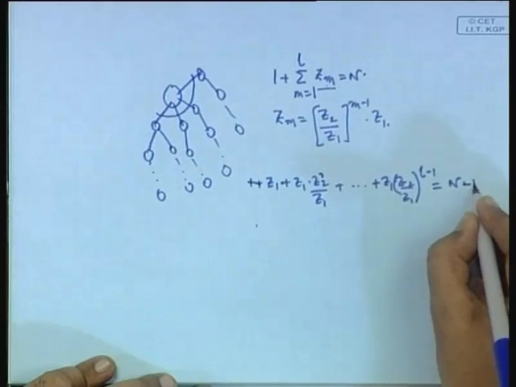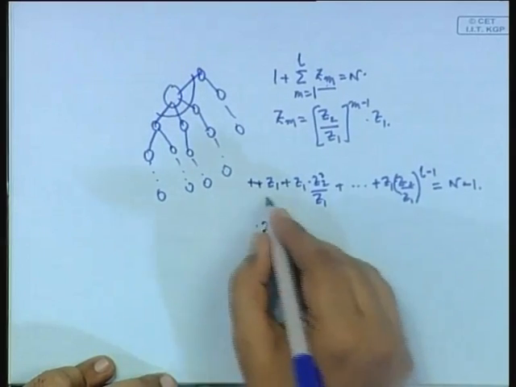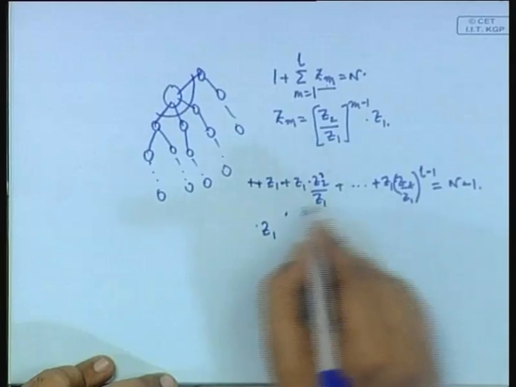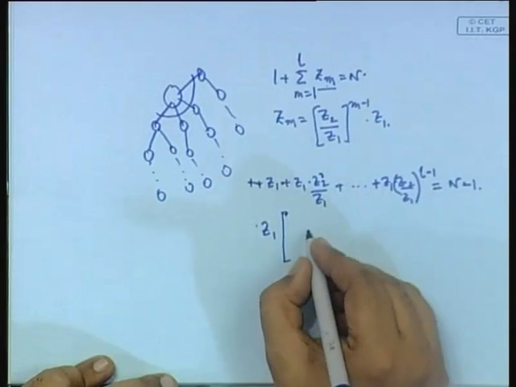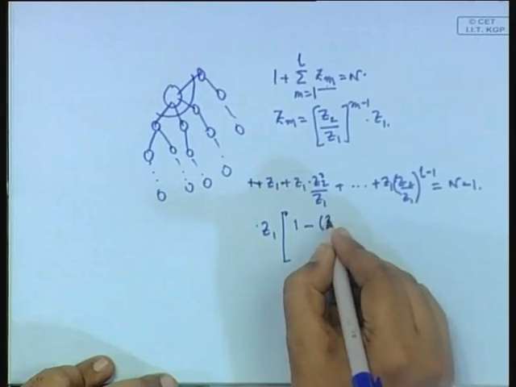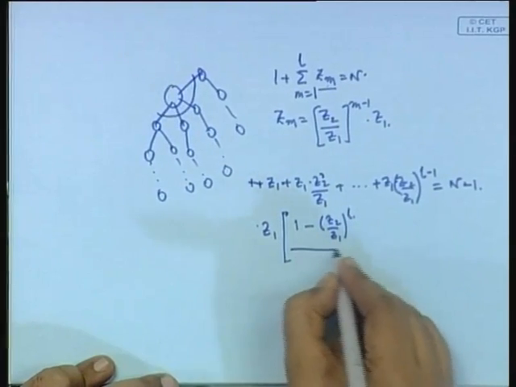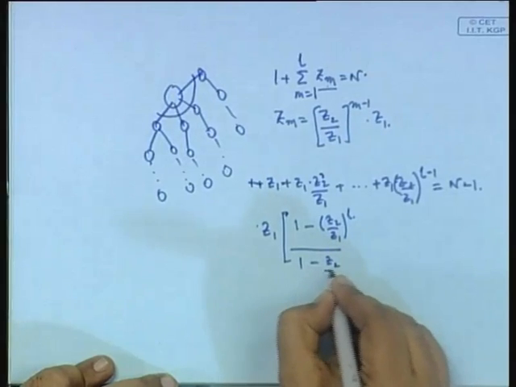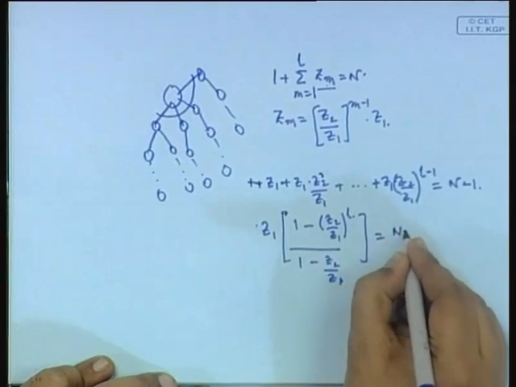Z1 comes common, and you have a GP series, which is 1 minus Z2 by Z1 to the power L over 1 minus Z2 by Z1, is equal to n minus 1.